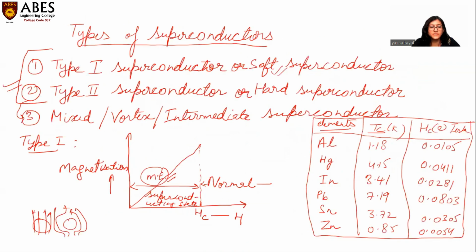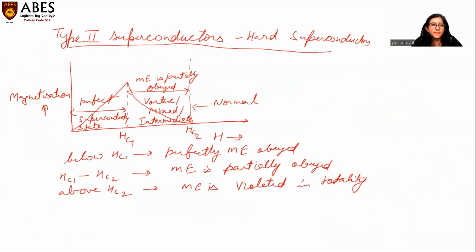Then we talked about types of superconductors. There are two types of superconductors on the basis of magnetism. If the magnetic field is quite low, the elements are type 1 superconductors. At high magnetic field, they lose their superconductivity behavior. So they exhibit perfect diamagnetism, and the Meissner effect is totally obeyed below Hc.